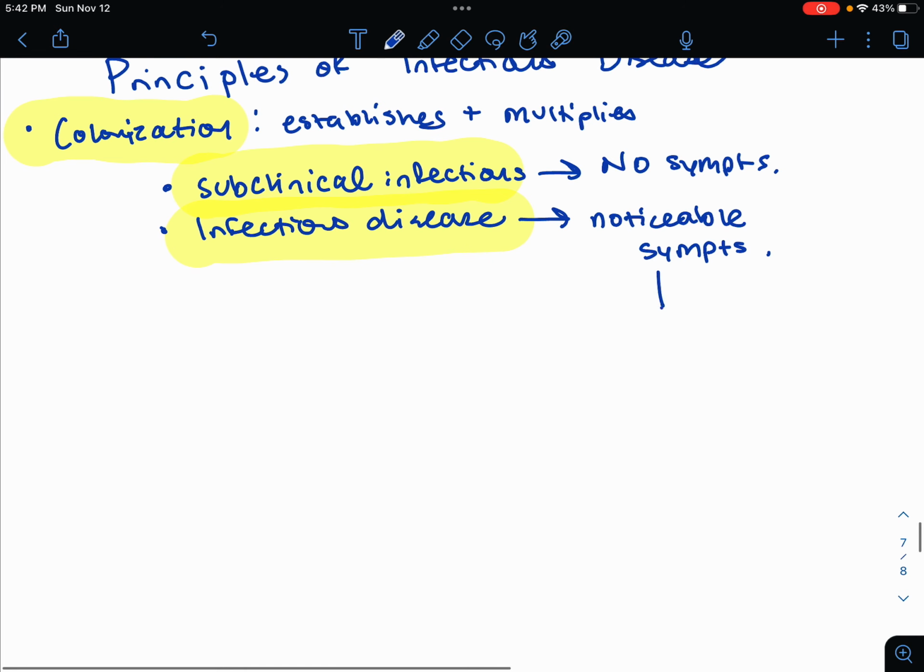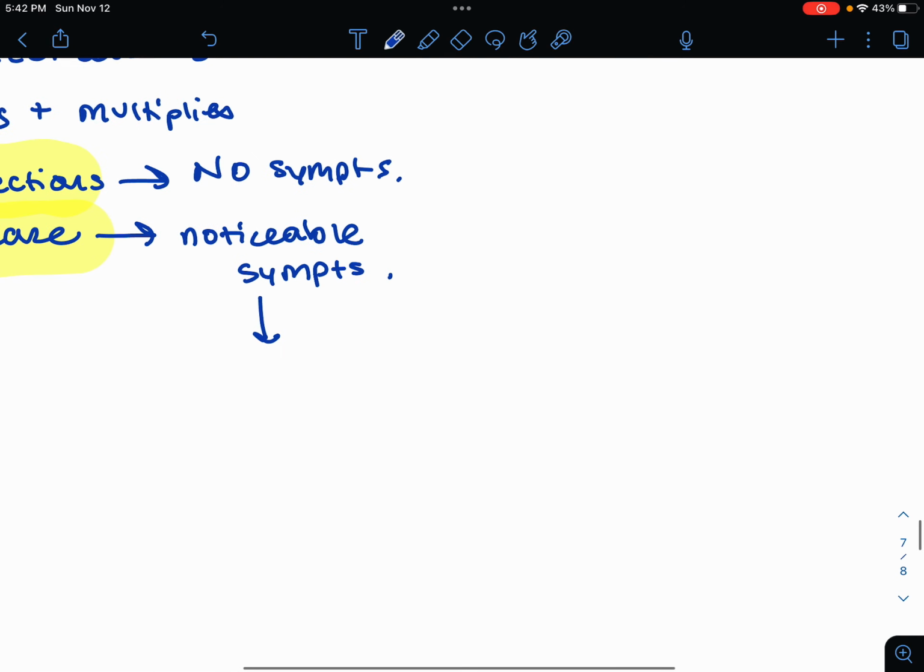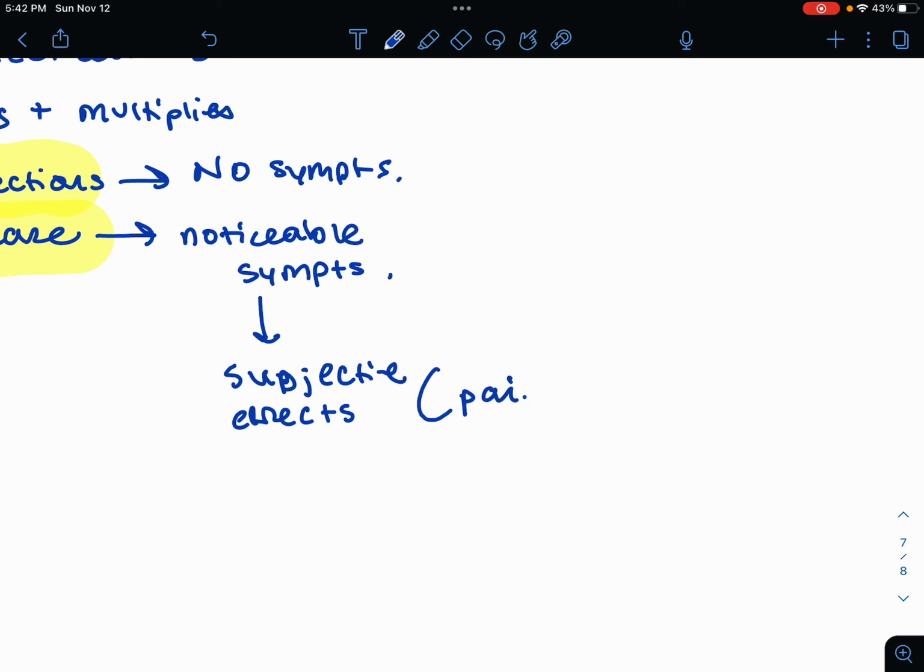Symptoms are going to be the subjective effects experienced by the patient. And what we mean by that would be pain or nausea. Someone can't tell if you're nauseous or not. They aren't experiencing your first-person life, so they can't experience that pain with you.